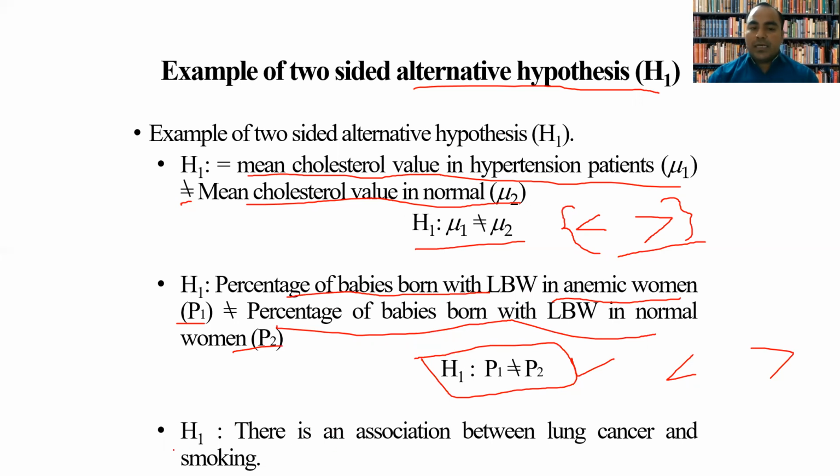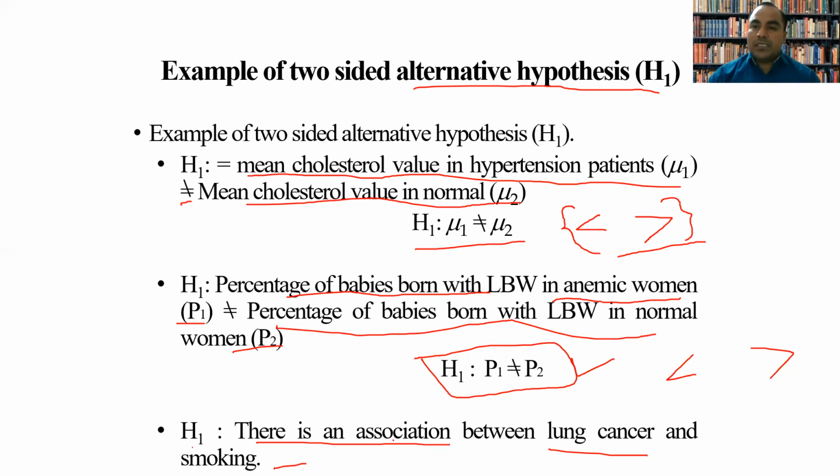Now another example. As we know, in previous examples, the same examples we are talking about here. So we can say there is an association between lung cancer and smoking. So there is an association, it may be positive association, it may be negative association.